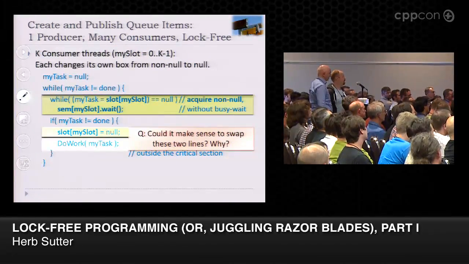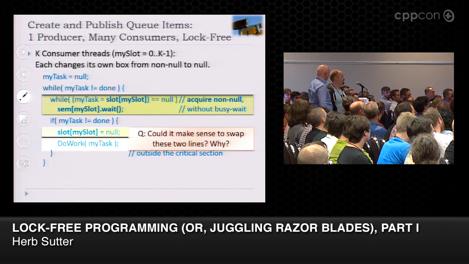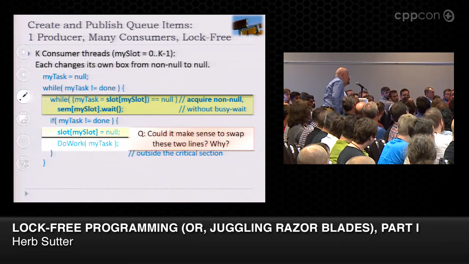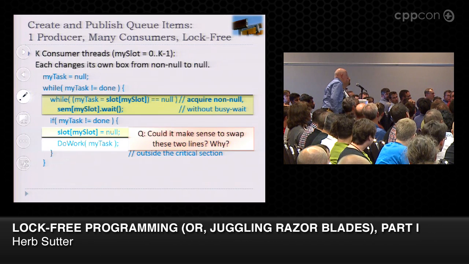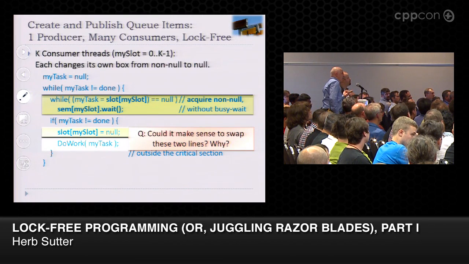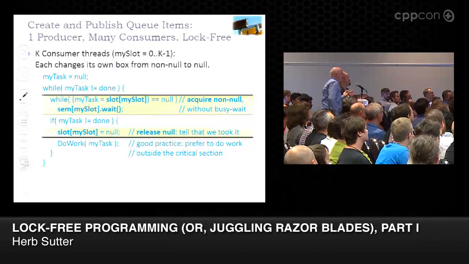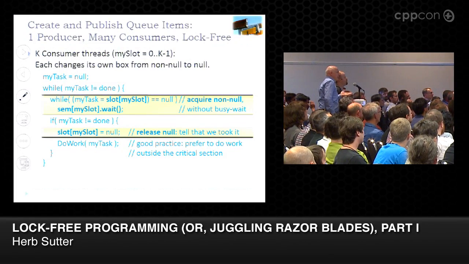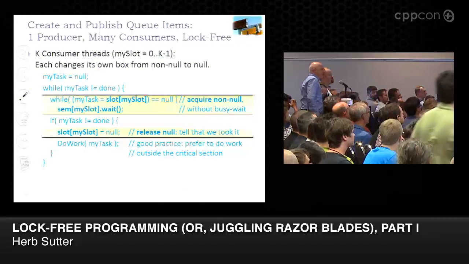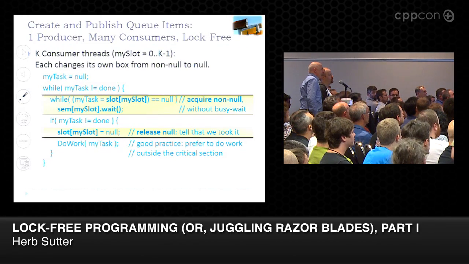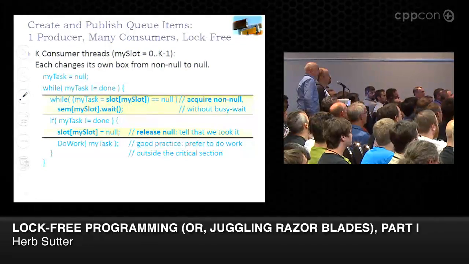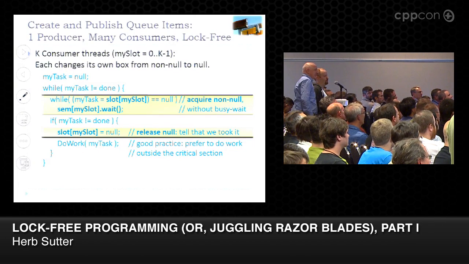That's true. Peter, any observations on this specific question? Yeah, I was asking why the freeing of the slot is in the conditional and not in general. So when you're done, why don't you free your slot anyway? So you're saying why not just put the slot equals null down at the end, say?